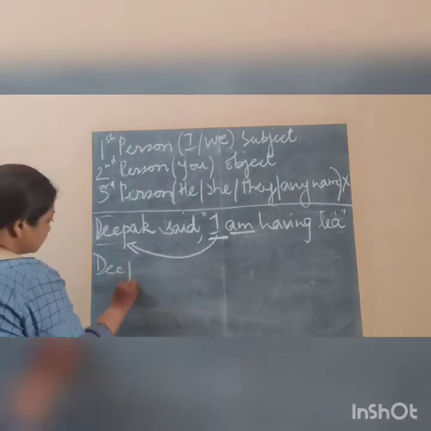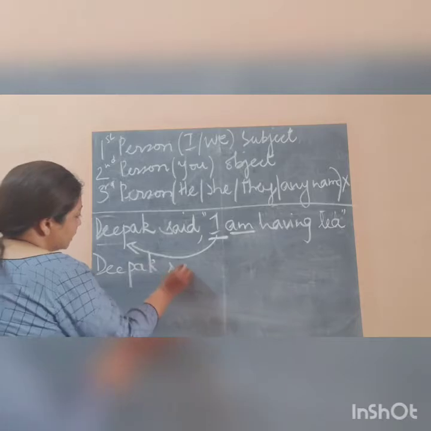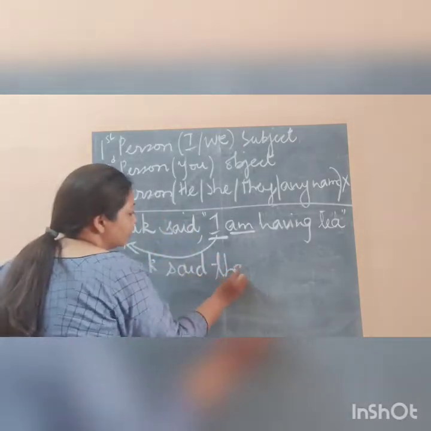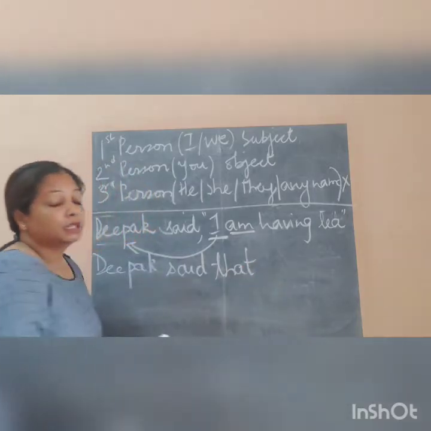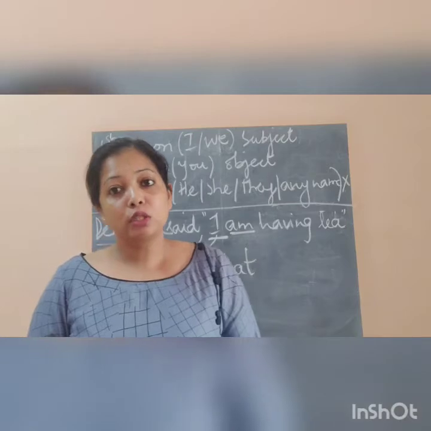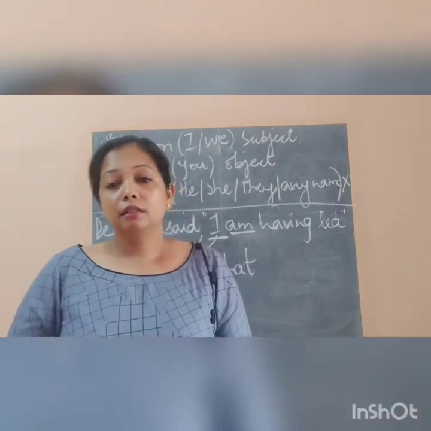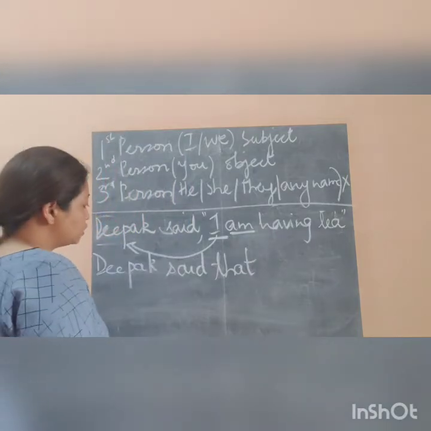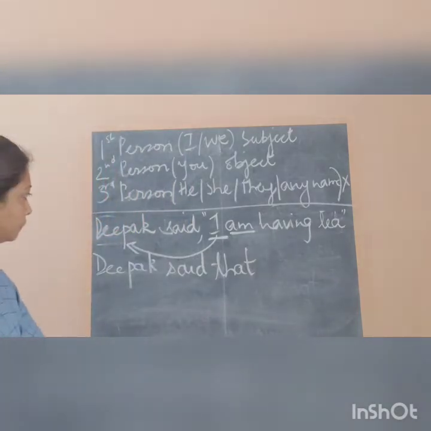Deepak said that. Now here you will be thinking why we are putting that all the time. That acts as a connector. It connects the two sentences when we are changing it into indirect speech. So Deepak said that. Now here is Deepak.